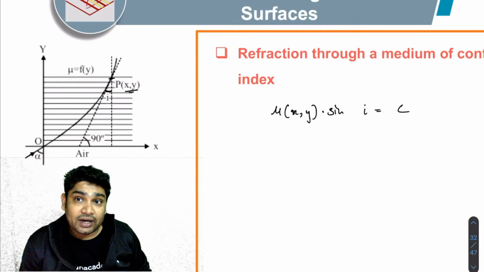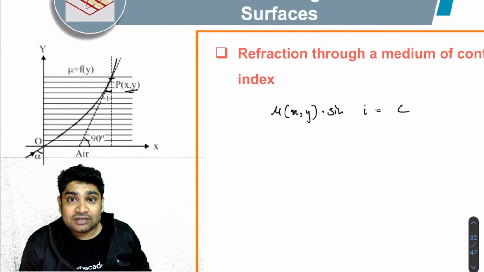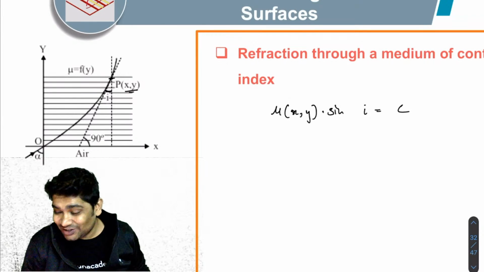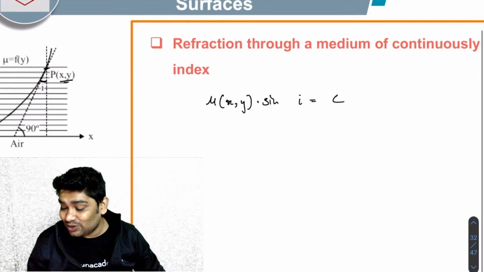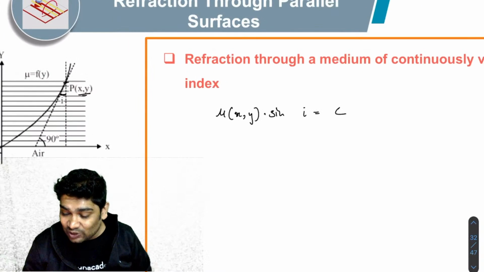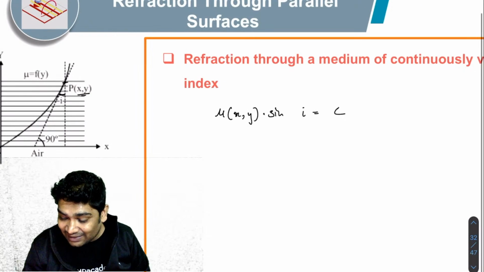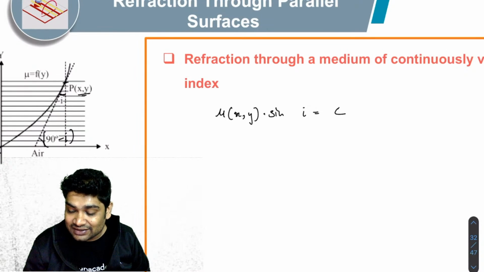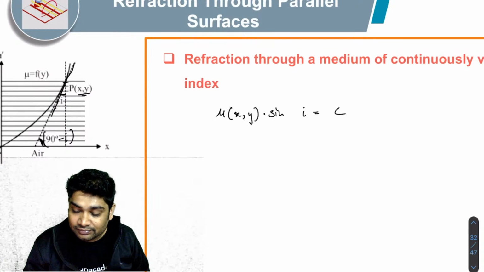Also, if I know sin I, I also know the slope. This is 90 minus I. This is the slope of the tangent here. Agreed?